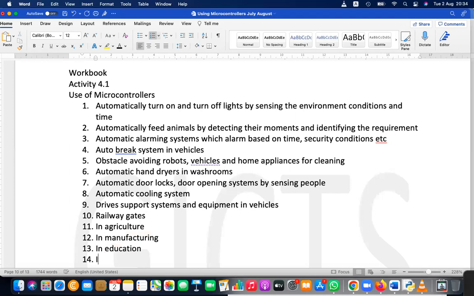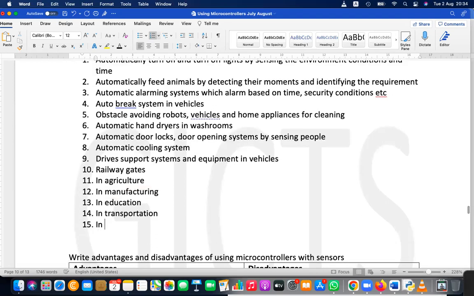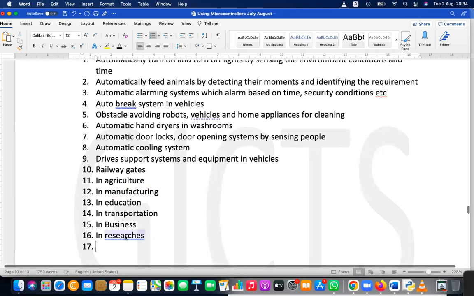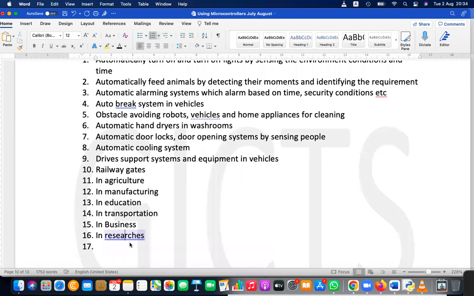You can say transportation, business, researchers, space exploration, space science, satellites, communication.